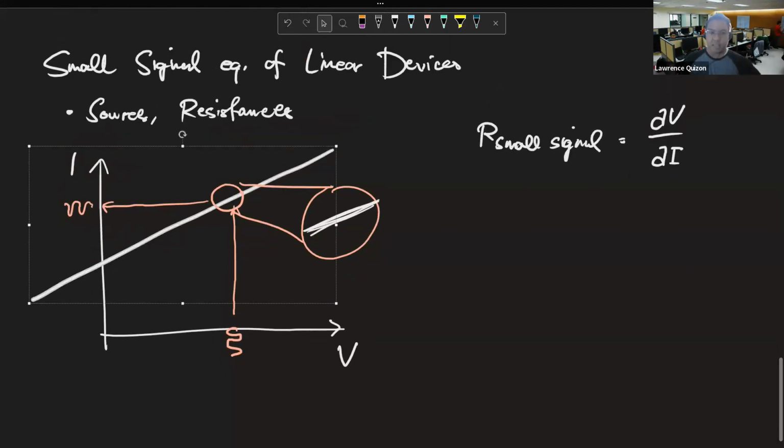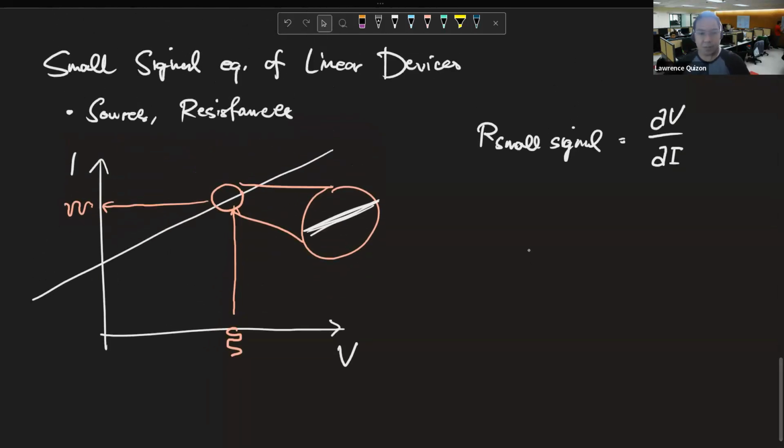So, can anyone tell me what type of device would have an IV curve that's linear, with a slope?